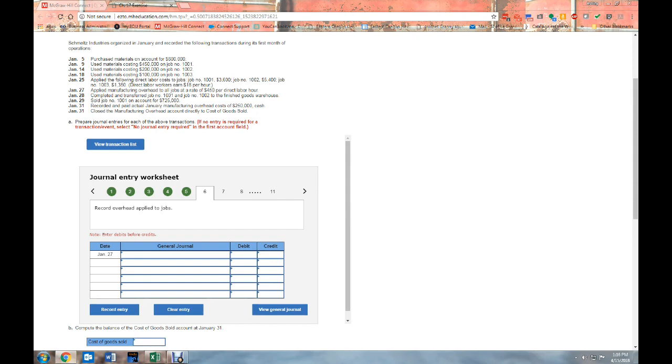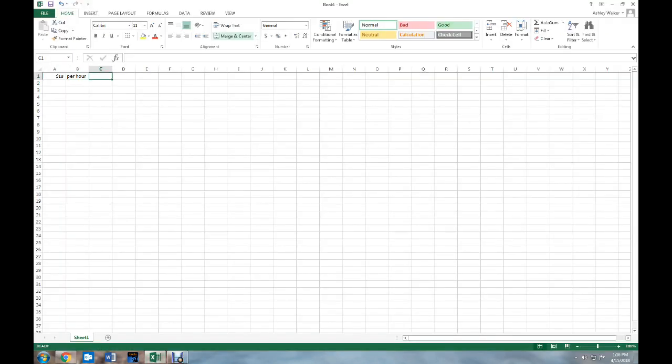And we know that job number one, the 1001, had $3,600 in direct labor costs. Okay. So that tells us we had a total of $3,600 if our workers made $18 per hour.